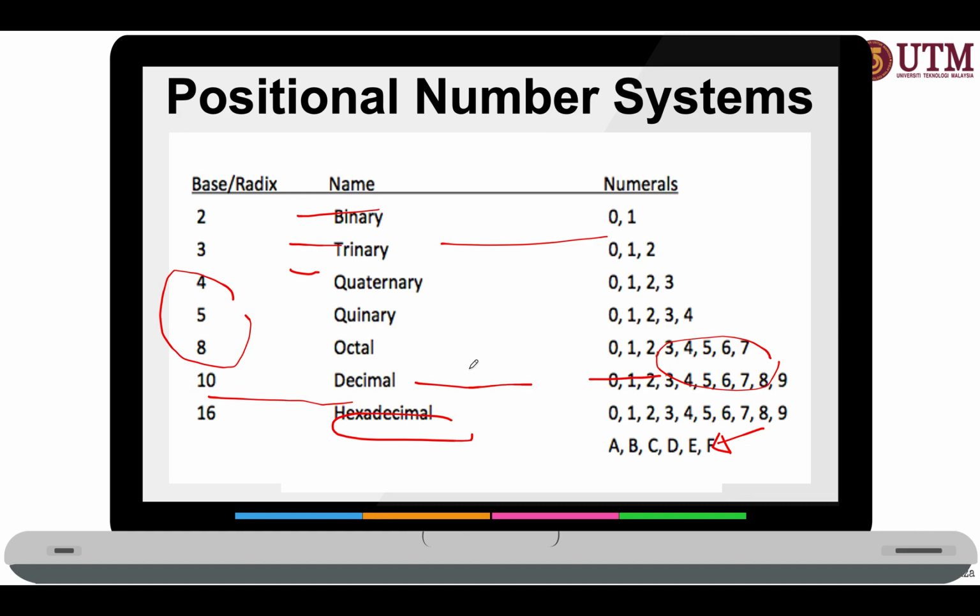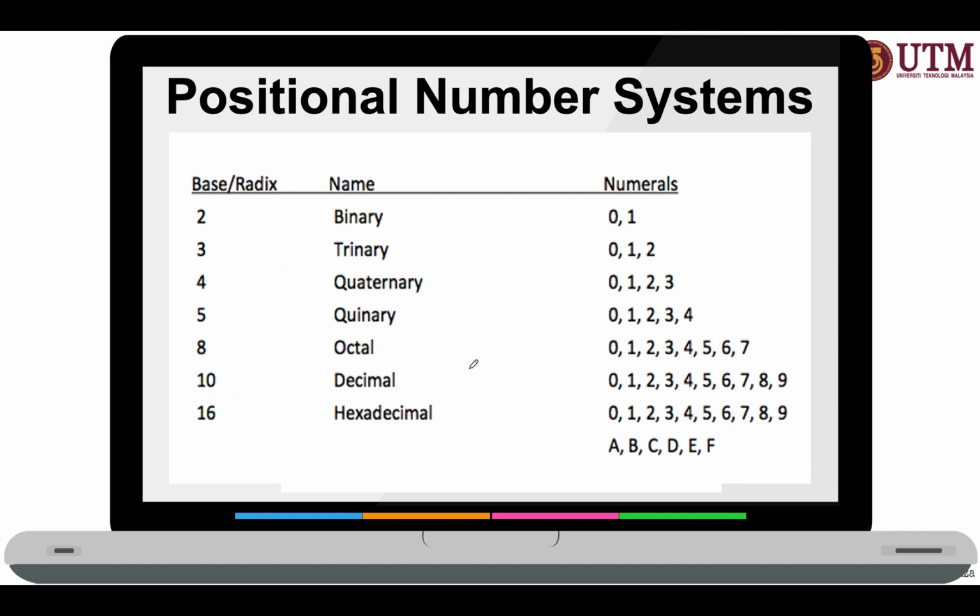Over here, we have the positional number system. Later on you will see which numbering system we normally use, but these are the possibilities. Let's say we have base 2, 3, 4, 5, 8, 10, 16, and basically we can have any number as the base.